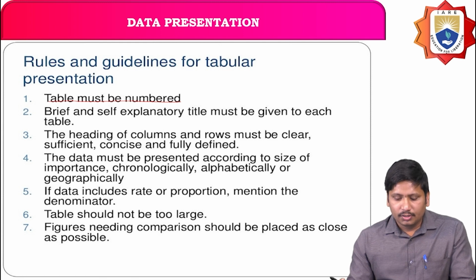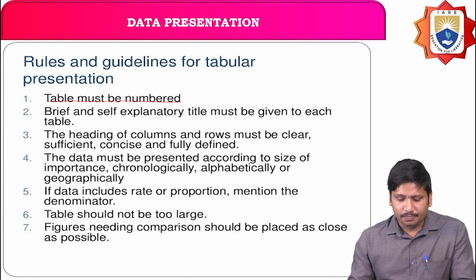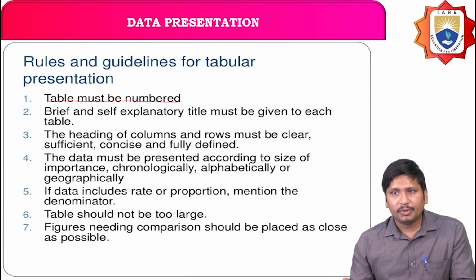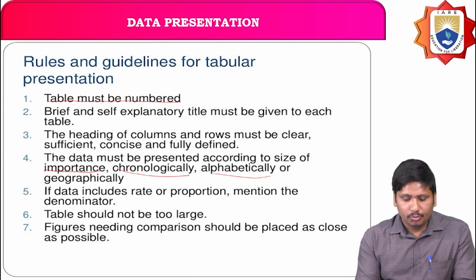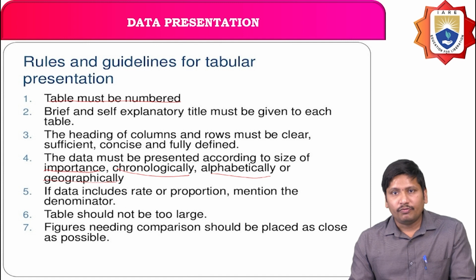So these are the principles we have to follow for the table presentation. The data must be presented according to the size of importance, or in a chronological way, or an alphabetical way, or you can present it through a geographical way.